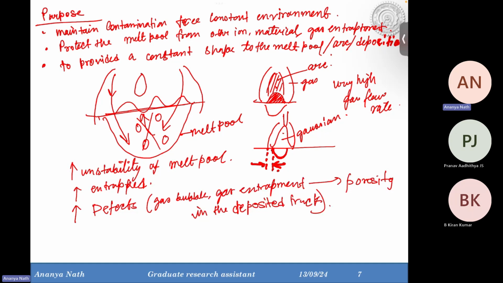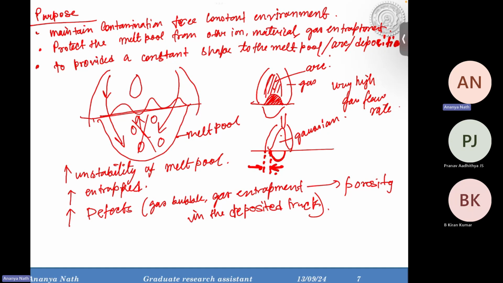Every time I talk like this, it should be used with an optimal value. If I am talking about one parameter and mentioning that it should not be very high or very low, it should be with an optimal value, it means it is a parameter which is influencing the deposition process.